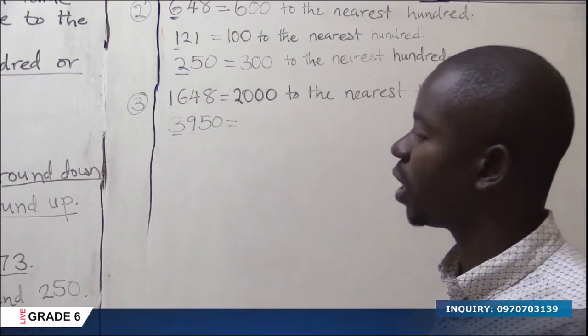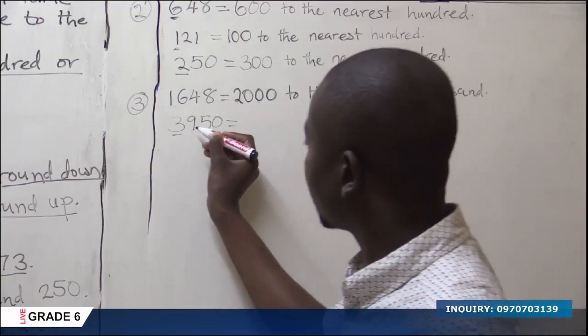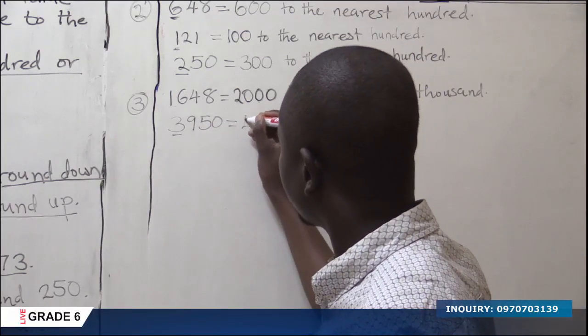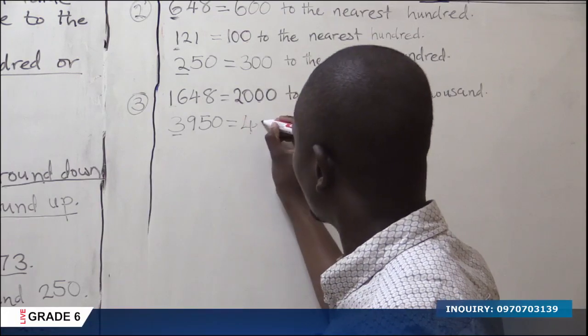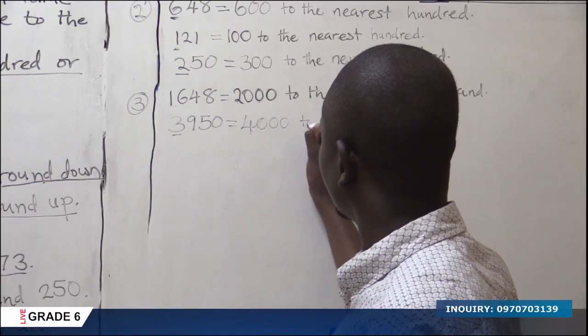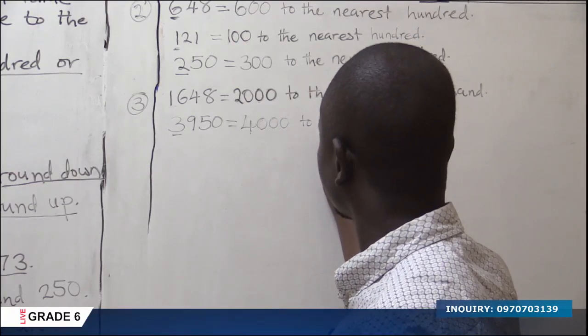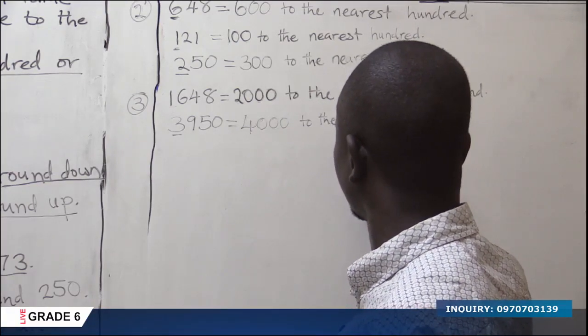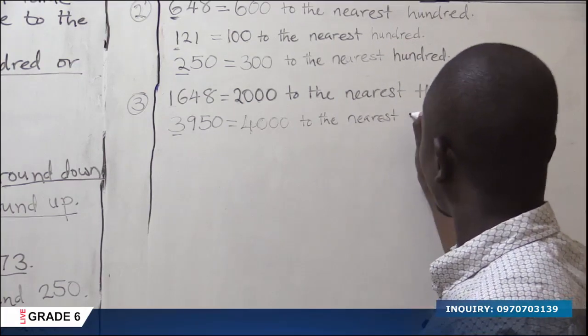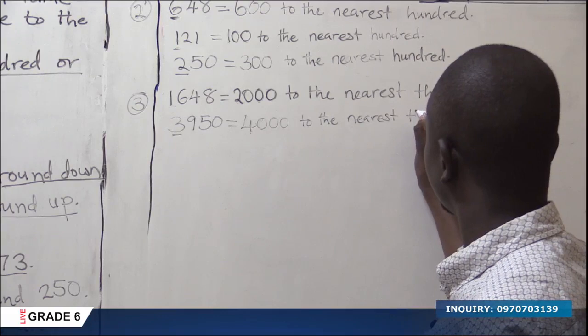The next number is between 5 and 9. So when you get the 1 from there, we put it there, it will become 4. Then it will be 4,000 to the nearest 1,000.